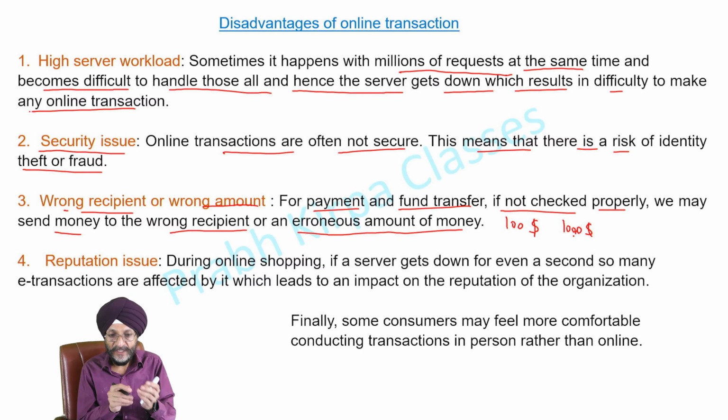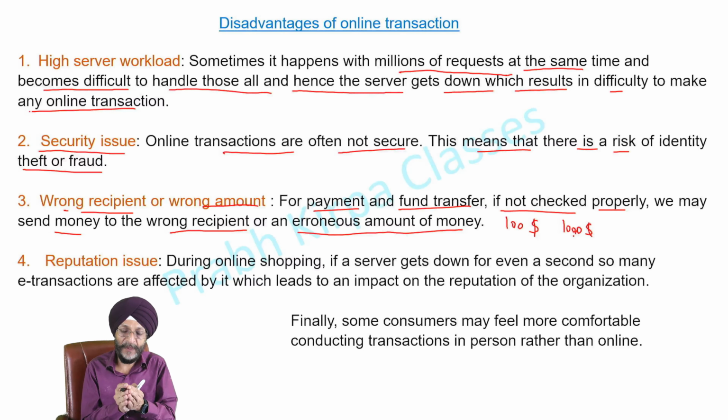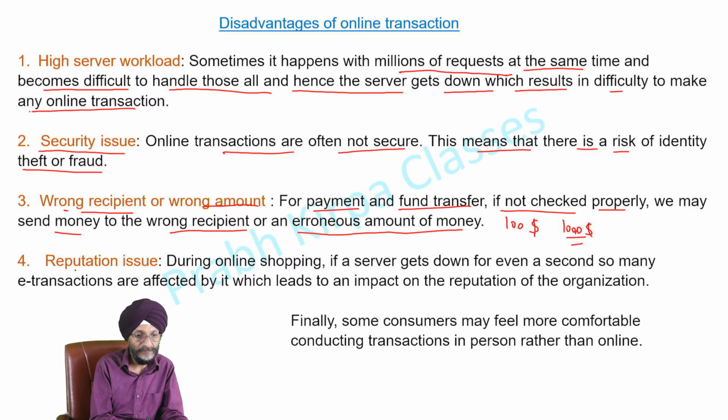And in this case, we have made the payment of $900 in excess, and it may be possible that we may not be able to get the refund of $900 from the other person.